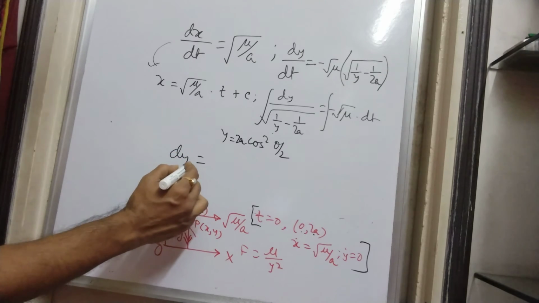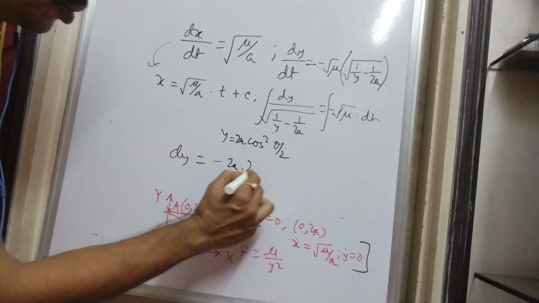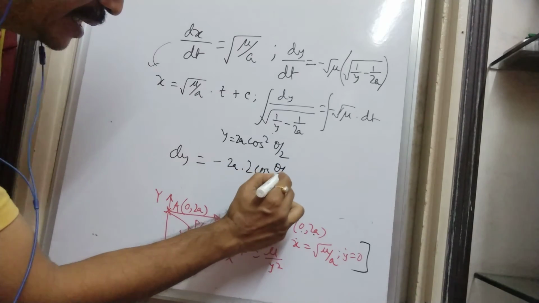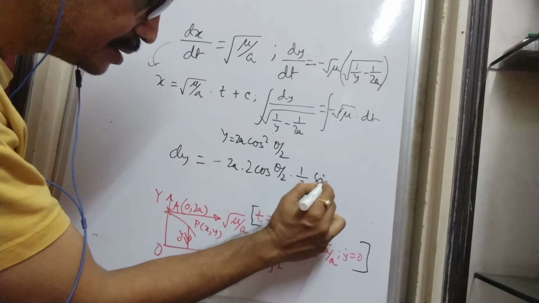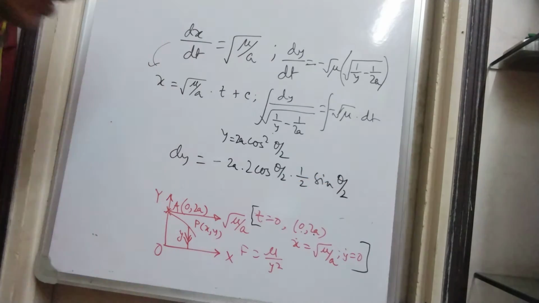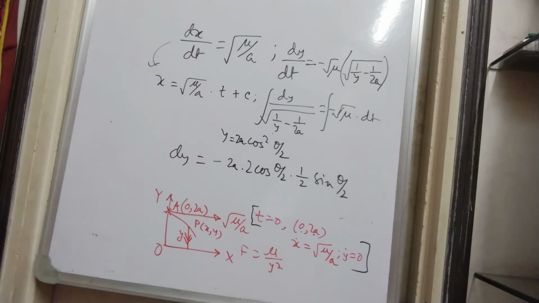Let us find the dy. Dy is nothing but minus of 2a into 2 cos theta by 2 into half sin theta by 2, because derivative of cos theta by 2 is nothing but sin theta by 2, and we do have here cot theta by 2 and here cos theta by 2, sin theta by 2.